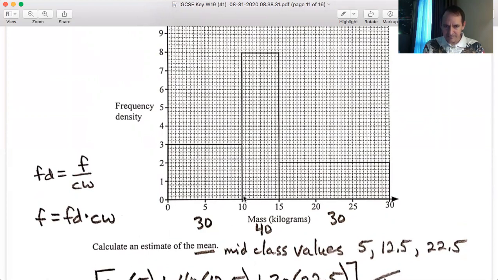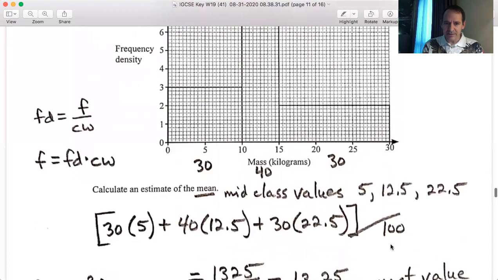Then the middle of 10 to 15 is 12.5, and the middle of 15 to 30 is 22.5, because 30 plus 15 is 45, divided by 2 is 22.5. That's the middle. So those are our mid-class values.